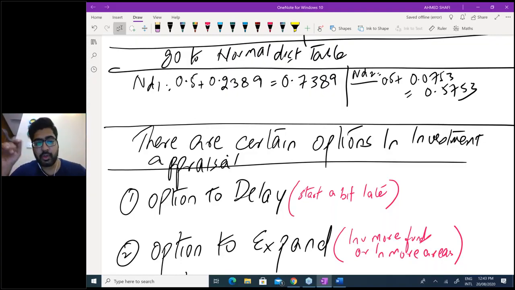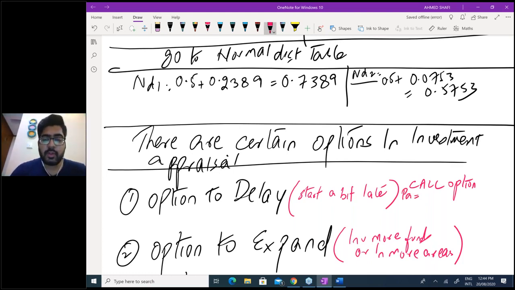Now, option to delay means you will invest funds late. It's a call option. Investing means you're buying, giving money for buying. The PE of this option is the initial investment, and PA is considered to be the present value of returns from the initial investment.